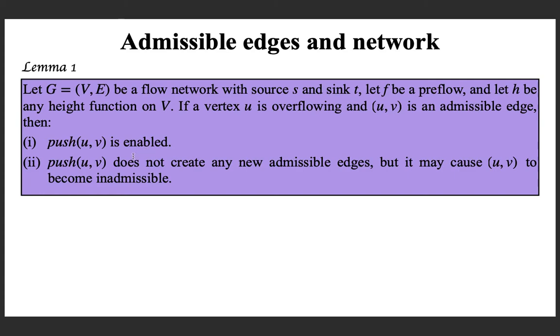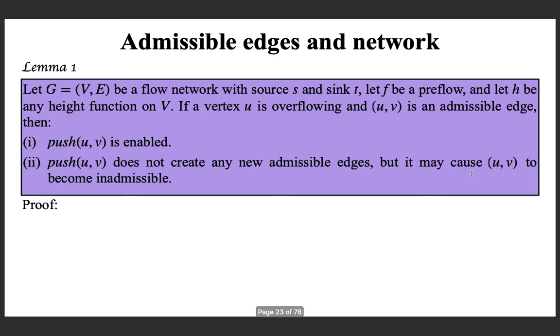If the lemma is correct, it says if you do a push operation, then you will not introduce any admissible edges. Not only that, it may cause the same edge to become inadmissible.